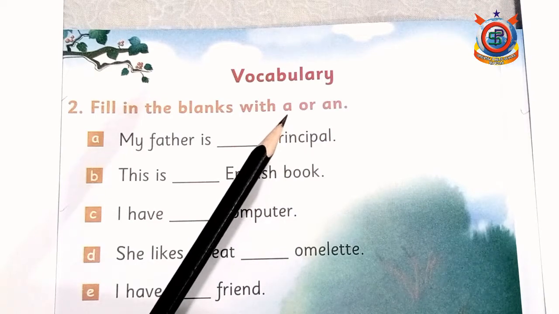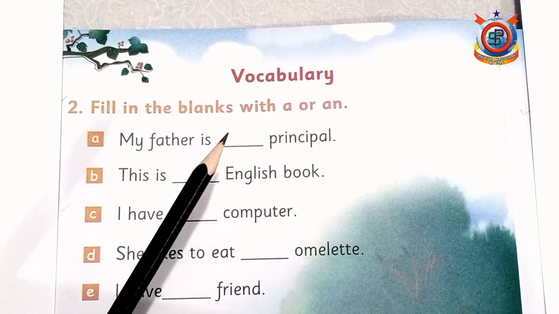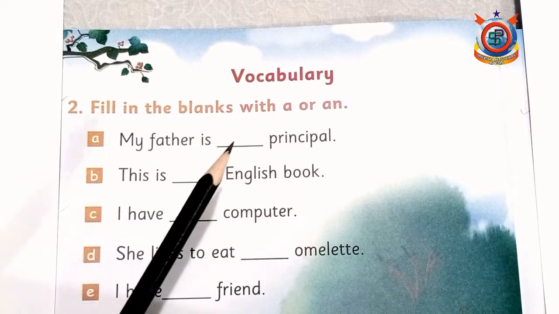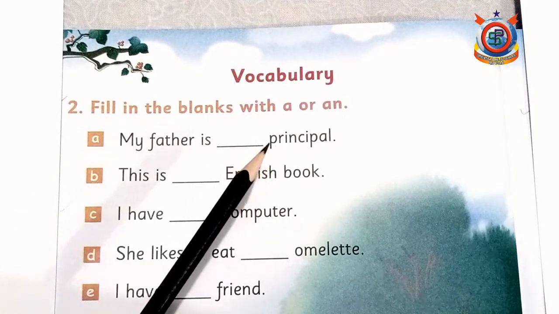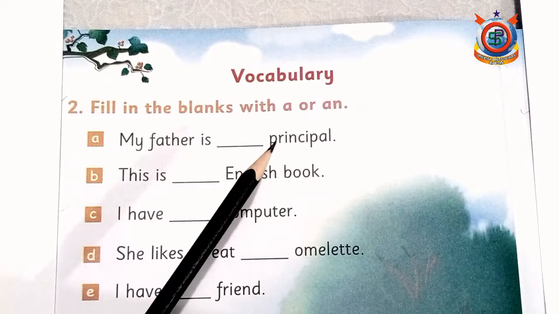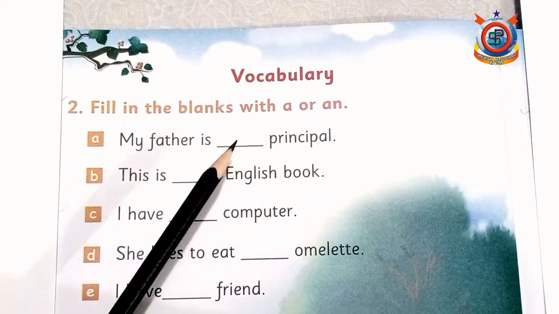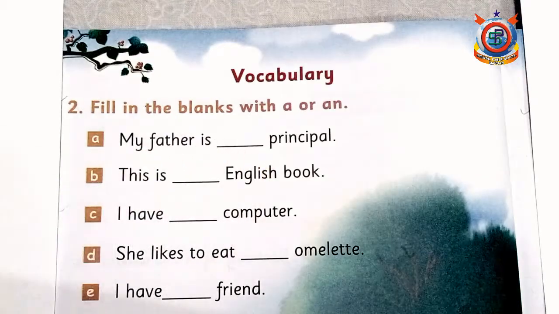My father is a principal. Very good. My father is a principal because P is a consonant and this is a consonant sound. So there will be A.